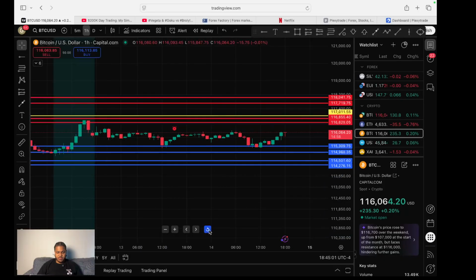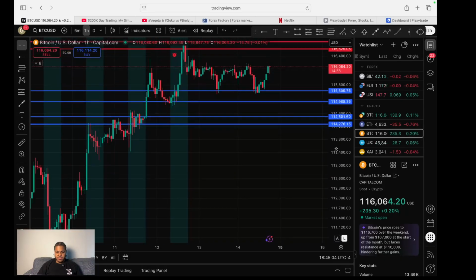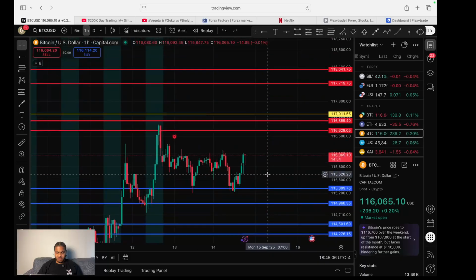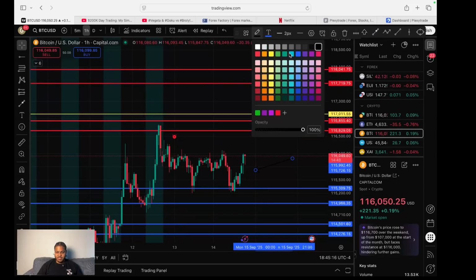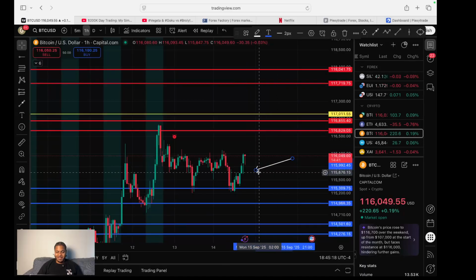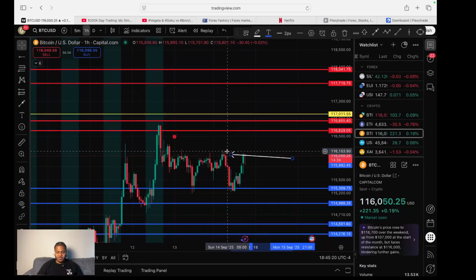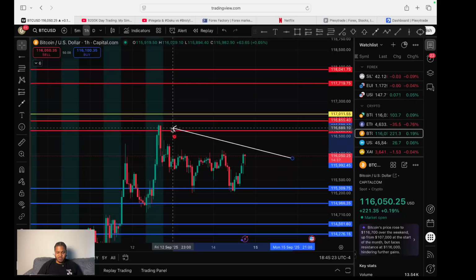All right, boom. So we got some resistance to fight through right here. As you can see, price is basically ranging in between these 2 points. Let me change this color. Now I gotta change the color for everything. All right. So basically, we're ranging in between these 2 points right here.